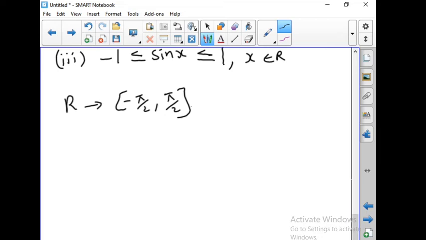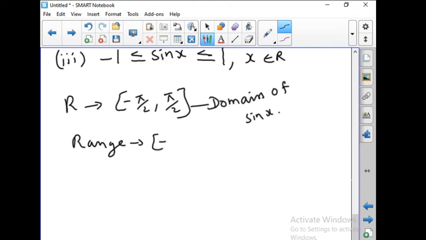This is the restricted domain of sin x, and the range is minus 1 comma 1.